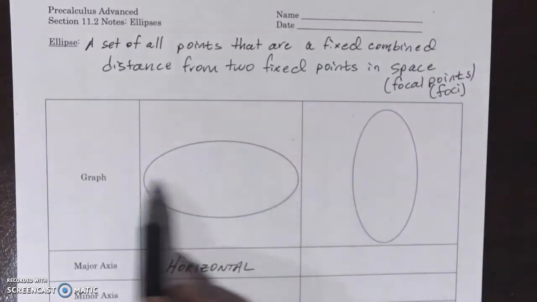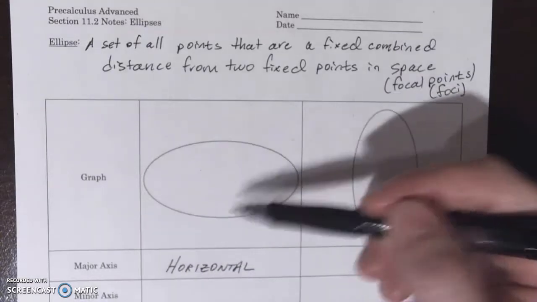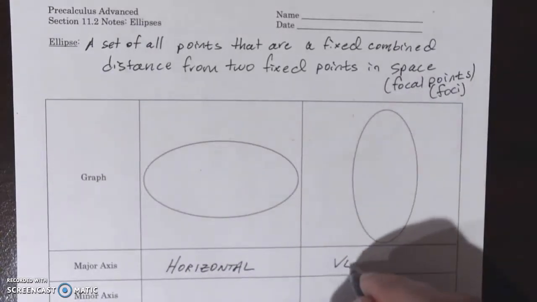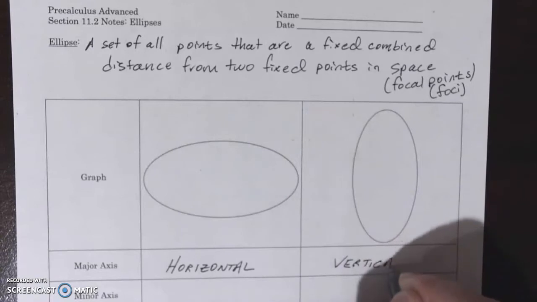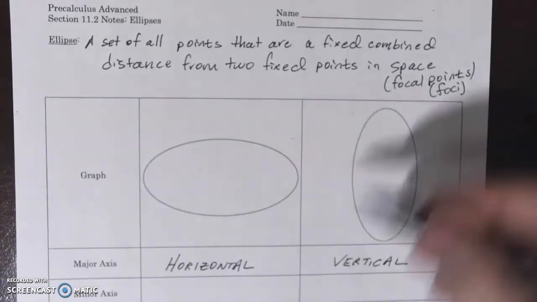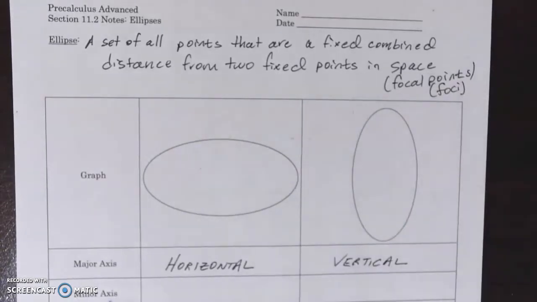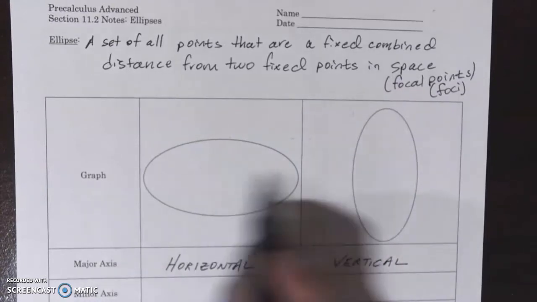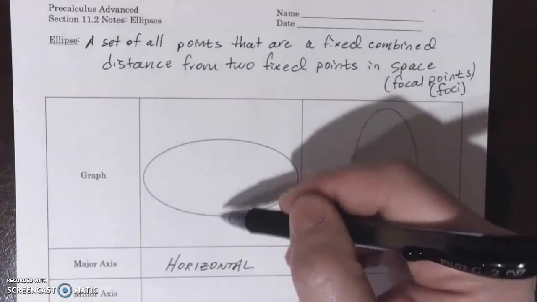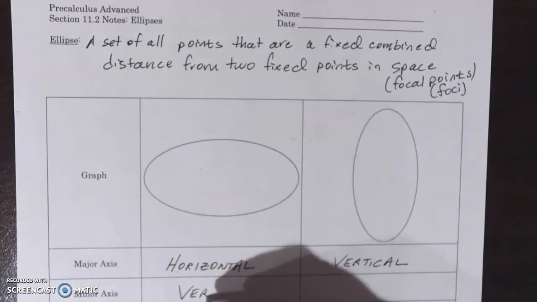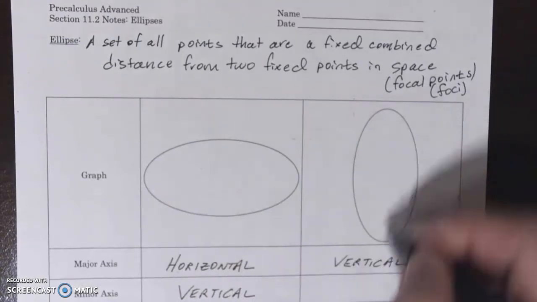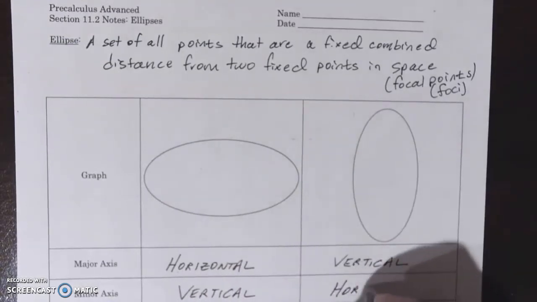It is further apart horizontally than vertically. And then we have one that has a vertical major axis, taller than it is wide. Same thing, obviously, if the horizontal is the major axis, the minor axis would be vertical here, and vice versa for this ellipse.